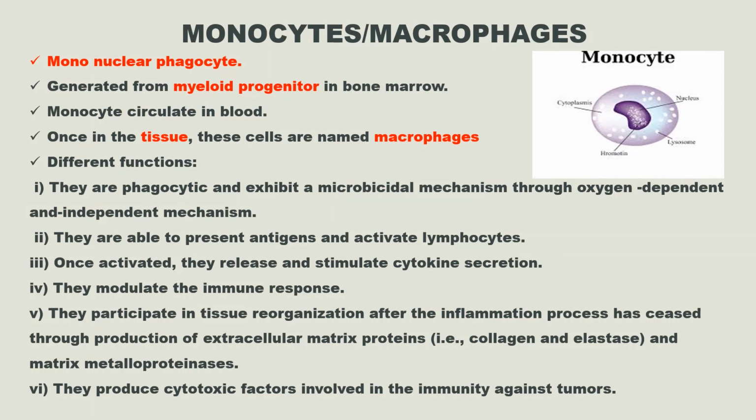They participate in tissue repair after the inflammation process has ceased through production of extracellular matrix proteins like collagen and elastase and matrix metalloproteinases. They produce cytotoxic factors involved in the immunity against tumors. So these are the functions of macrophages.